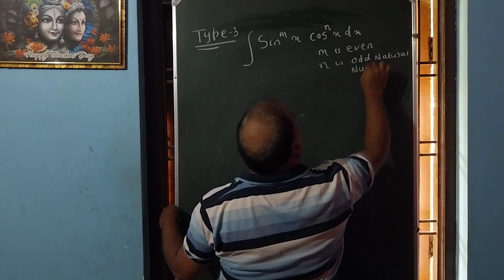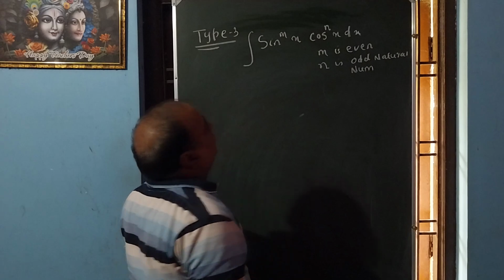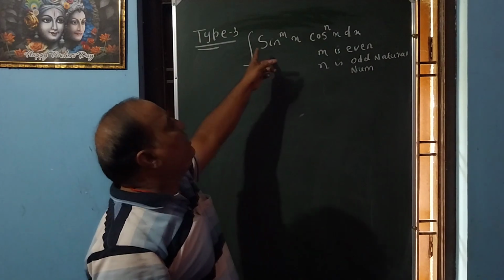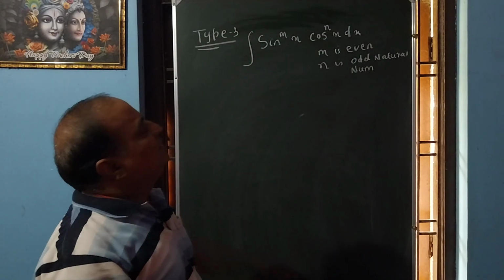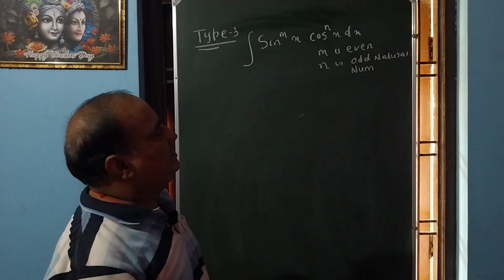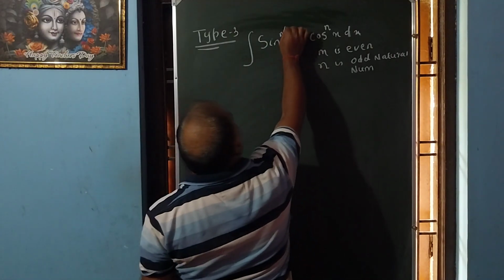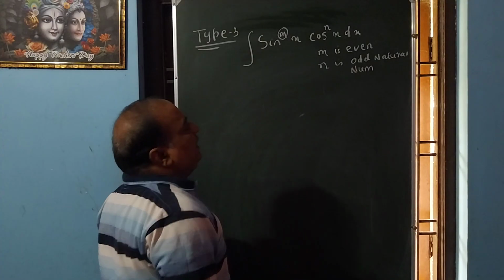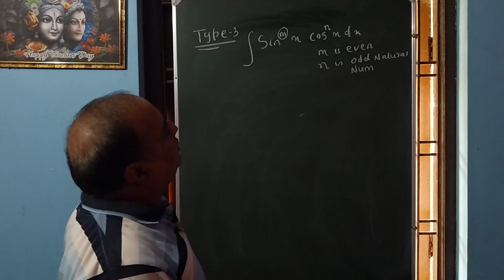Okay, this is one type. Integration of the type sin to the power mx cos to the power nx, where m is an even natural number and n is an odd natural number.